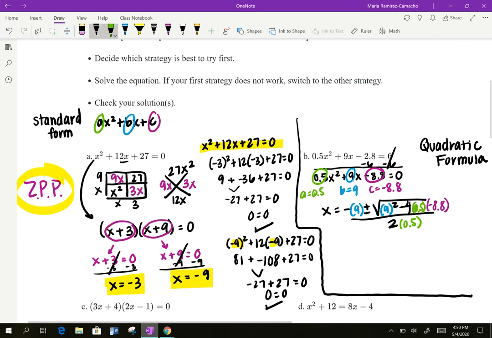All right, let's simplify. Negative 9 plus or minus the square root of 9 squared is 81 minus 4 times 0.5 is 2, and 2 times negative 8.8 is negative 17.6.